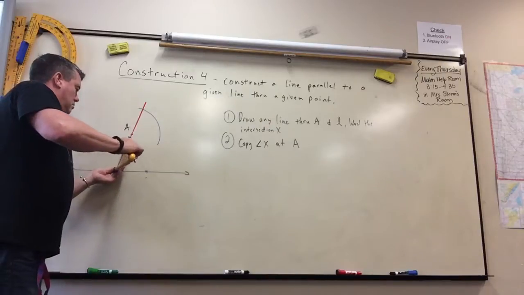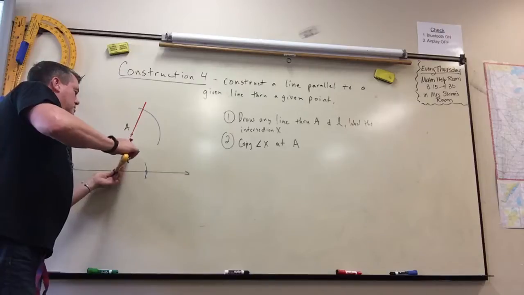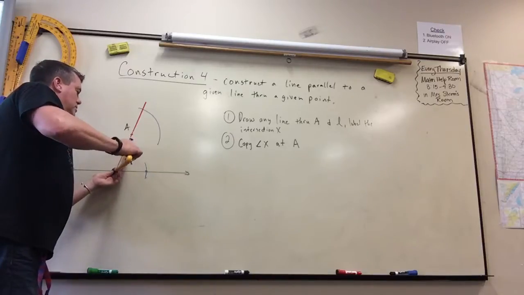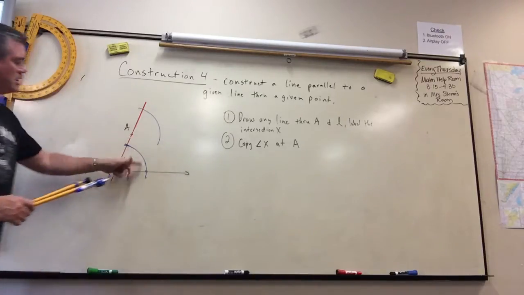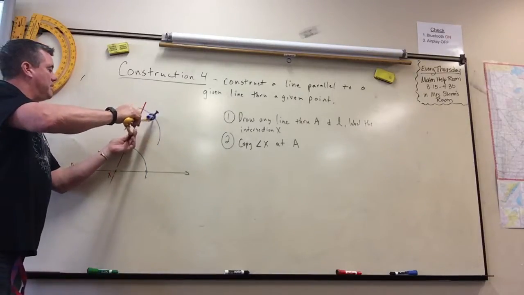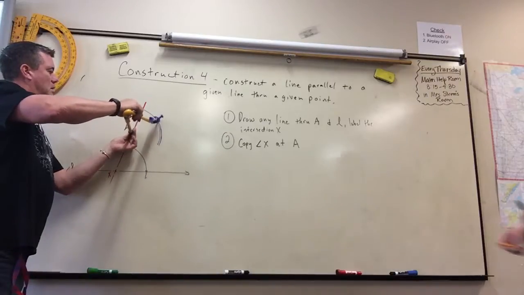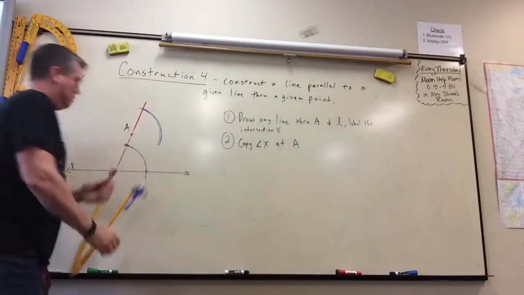How do we copy angle X? You gotta put an arc through X, okay? You put an arc through there, you keep it the same, move up to A and make that same arc. Does it matter how far away it is?